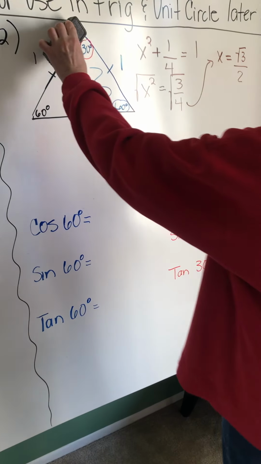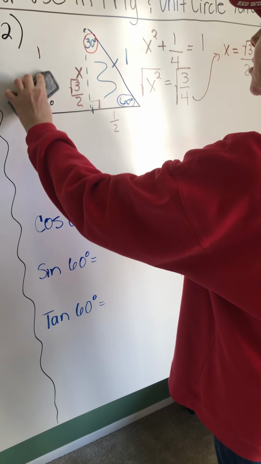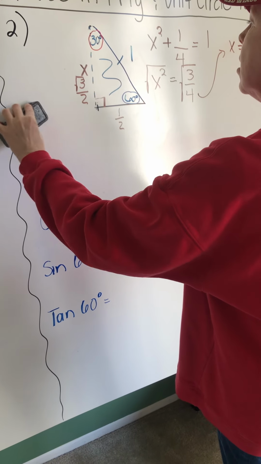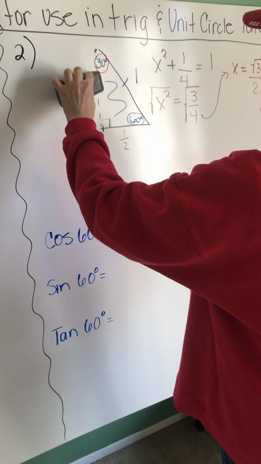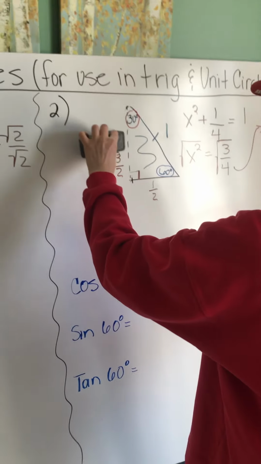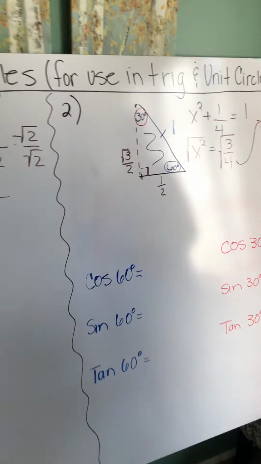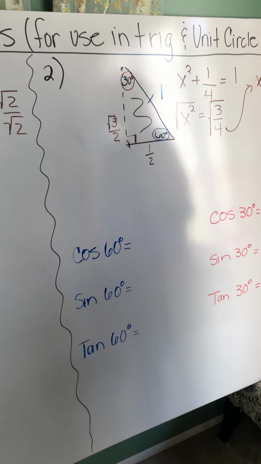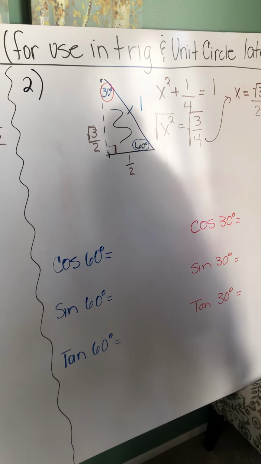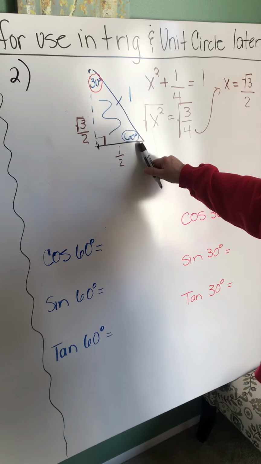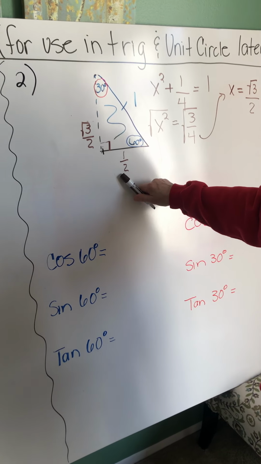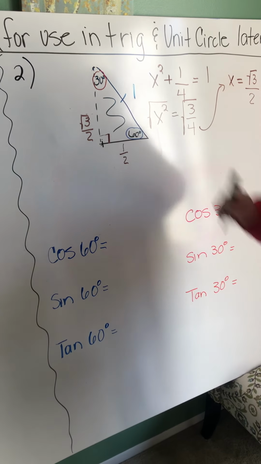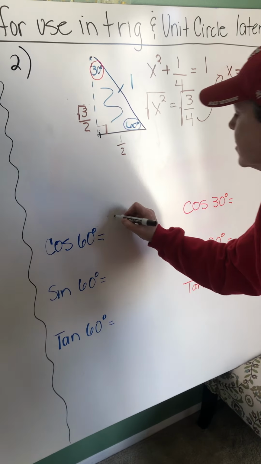Okay, so let's just clean it. Here's where we're looking. We're going to do a little erasing. There we go. We're just looking at this special right triangle right here. Now, let's start with the 60-degree angle. It is circled in blue, and cosine of 60 degrees would be the adjacent side over the hypotenuse, and 1/2 divided by 1 is simply 1/2.